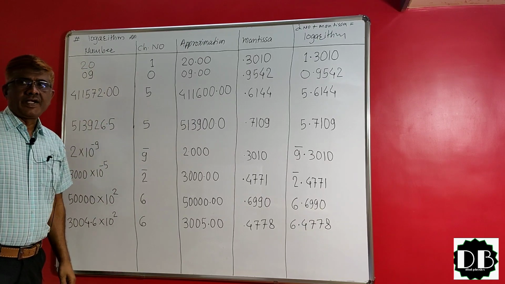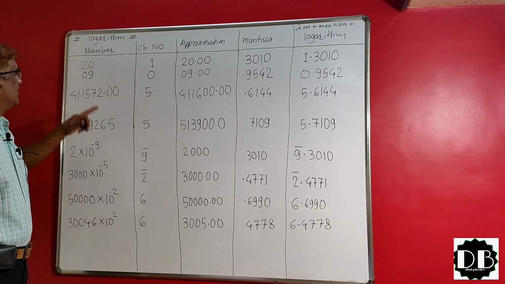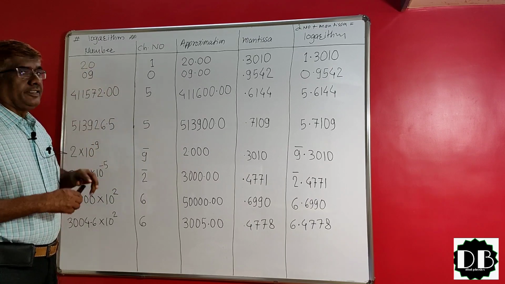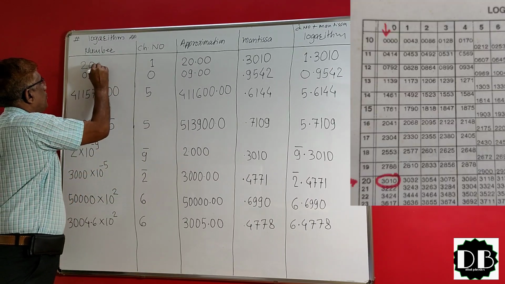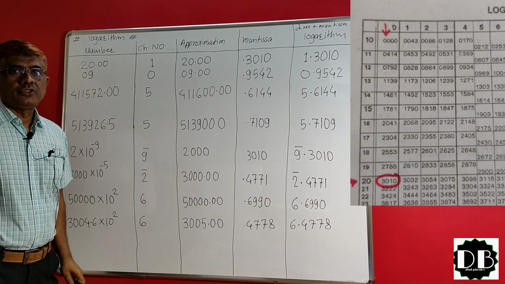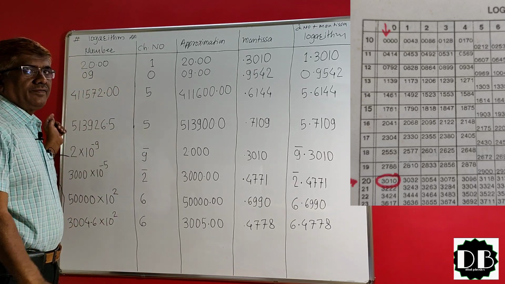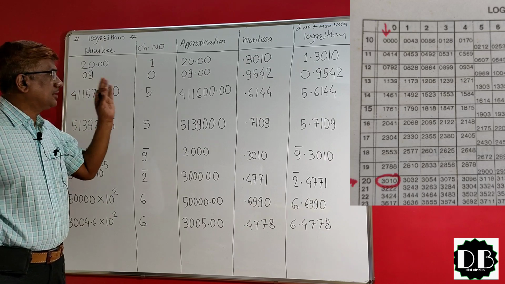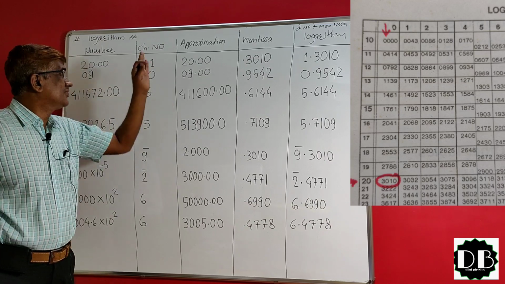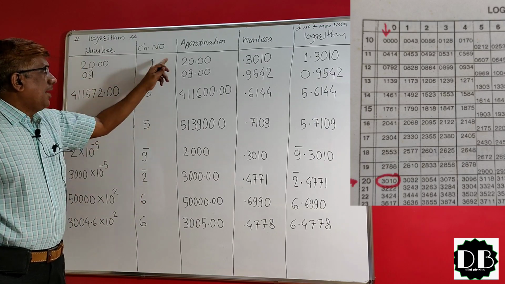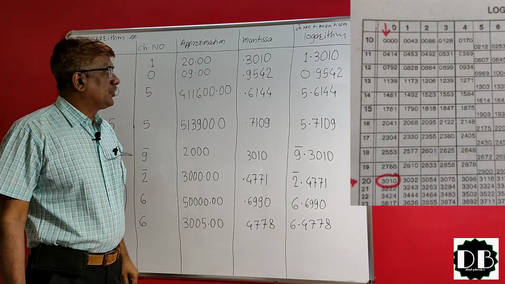Here the first number is 20. Here we see that character number is 1, because 20 is 2.00 and we have to shift the decimal point from right to left through one digit. That's why power of 10 is 10 raised to 1. That's why character number is 1. Approximation is 2.00.